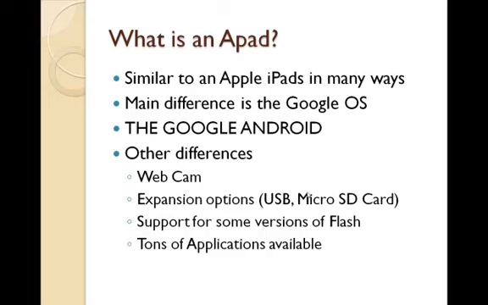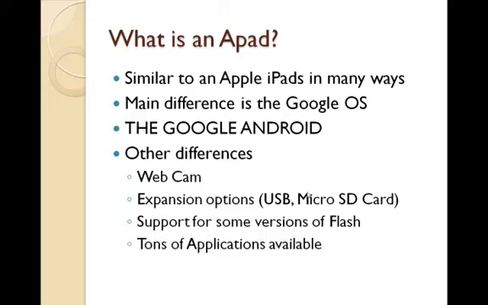One other thing too, which differentiates the two devices, is that the aPads come with a lot of expansion options. For instance, you can connect USB devices to it, you can connect flash drives to it, and you can connect even a micro SD card. You can actually insert that into the aPad, and that expands your storage capabilities. Now, talking about this in real life, it means that you can actually archive files.